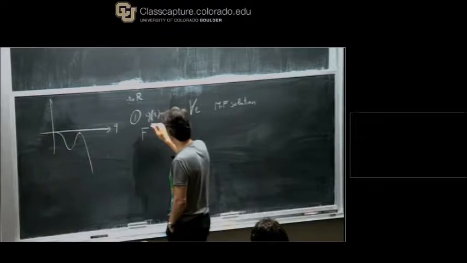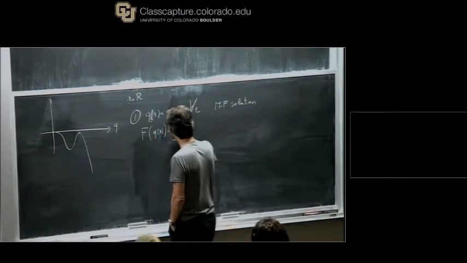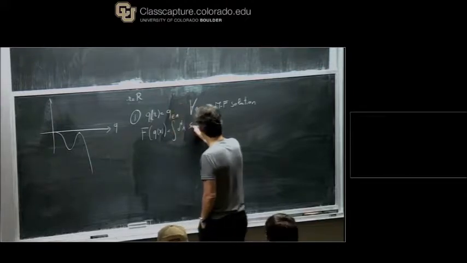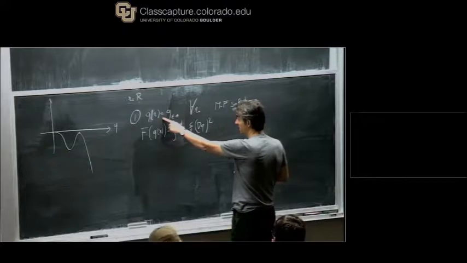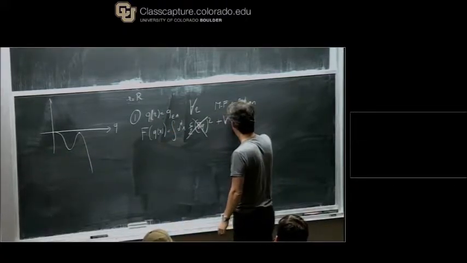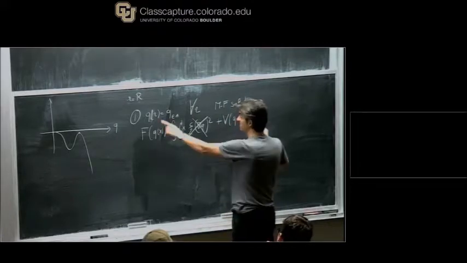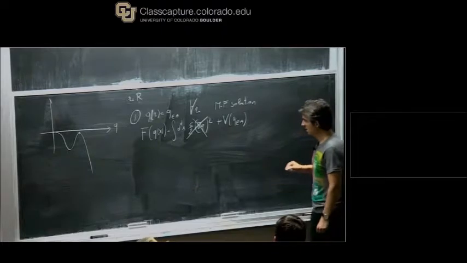So this solution verifies the boundary condition and corresponds to F_q of x, which is the integral of c square grad Q square plus V of Q of r. Since Q of r is constant, the gradient term is not there, and V of Q of r is constant, so I will put V of Q_EA.